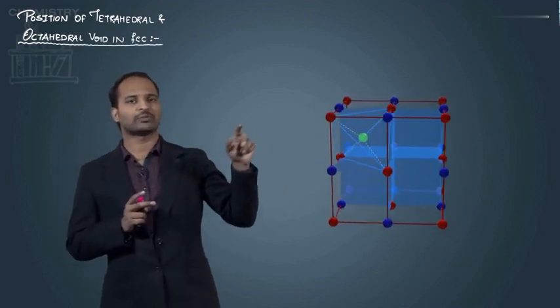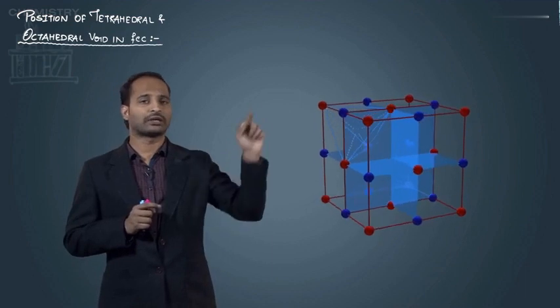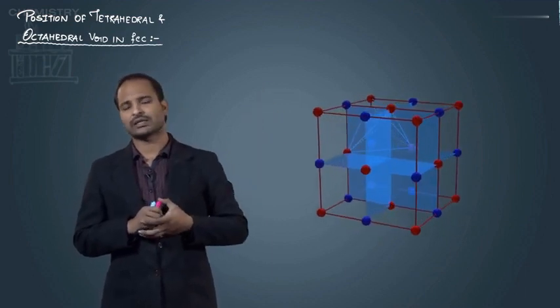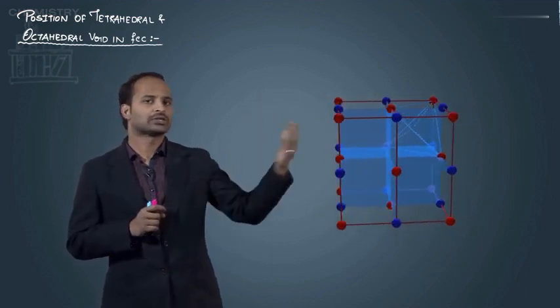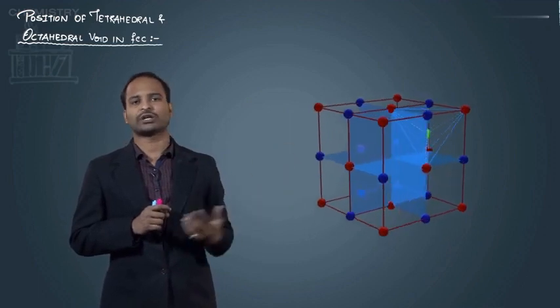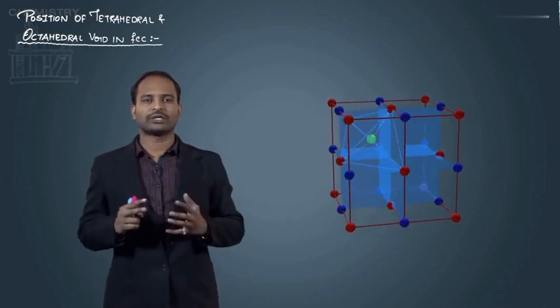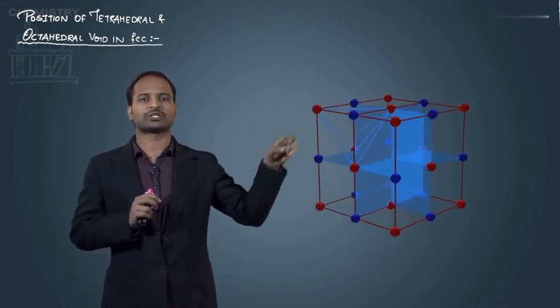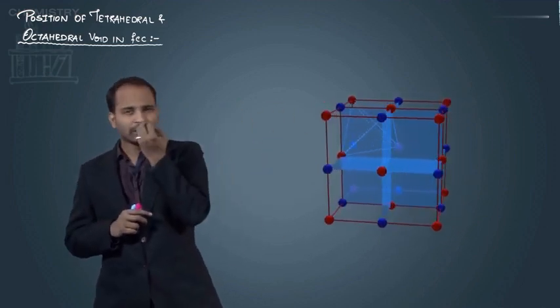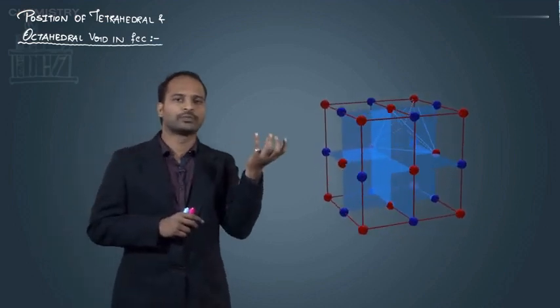It's a face-centered cubic cell where the particles are present on the corners as well as at the center of each face. So we have this FCC cell which has been divided into 8 small cubes. You can see the full cube is 1 unit cell which has been divided into 8 small cubes. Now just think about the centers of those small cubes.